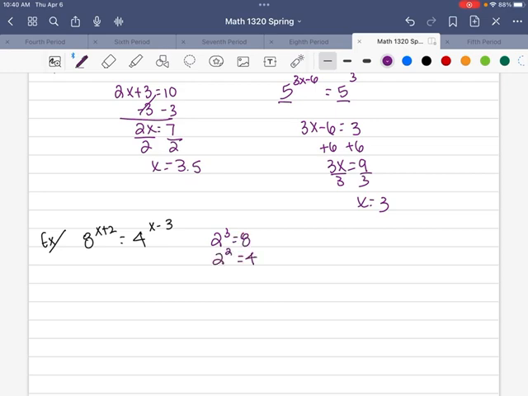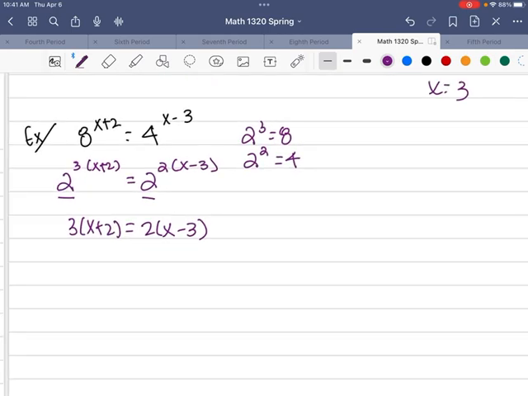So we can rewrite them both with a base of 2. This would be 2 to the third, raised to x plus 2, equals 2 squared, raised to x minus 3. Now they have the same bases, so the bases cancel, and we can set these exponents equal to each other. Sorry if you hear my pen clicking on the screen, I'll try to be more quiet with it.